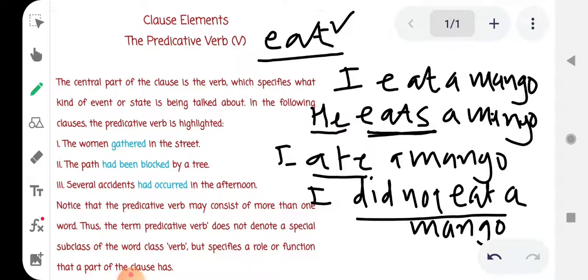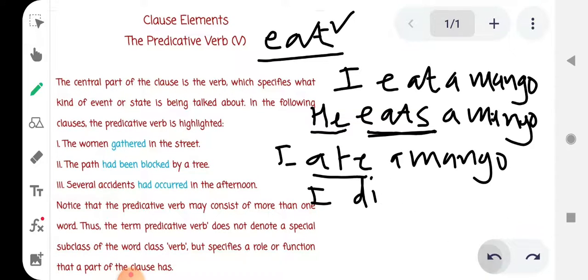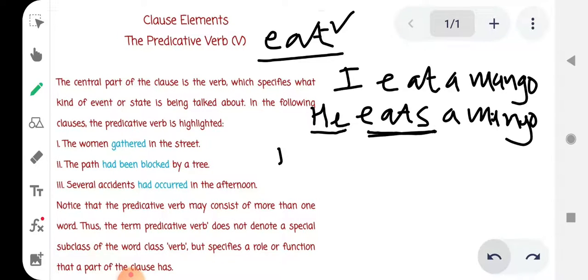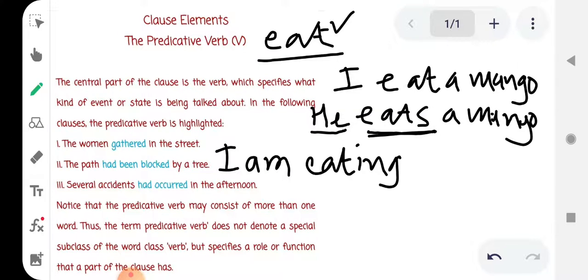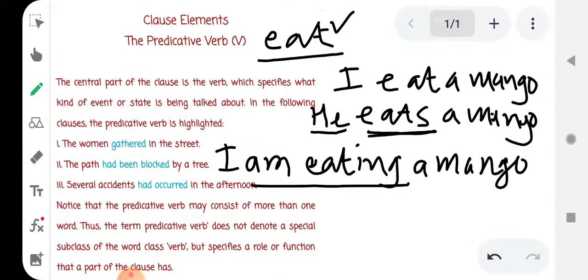Going further, in a progressive way, or present continuous tense, we can write a sentence like this: I am eating a mango. Look, the changes in a verb phrase occur according to the tense also.